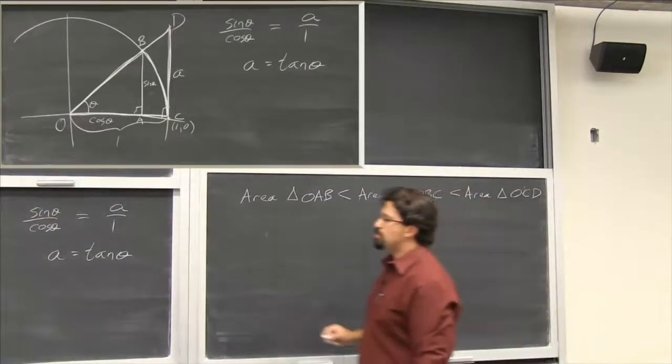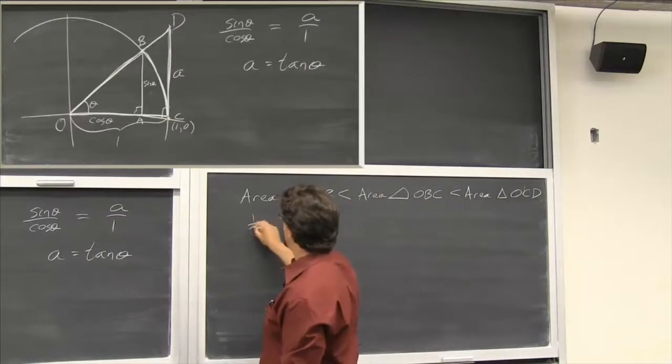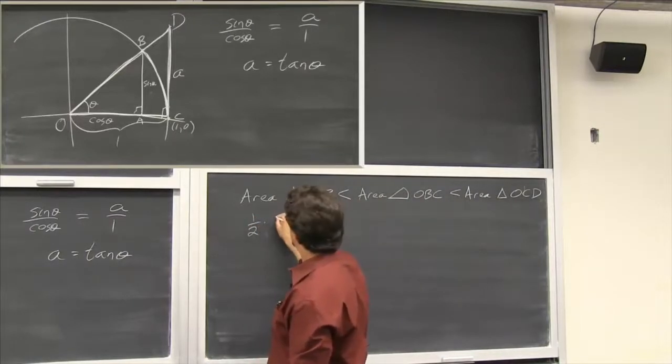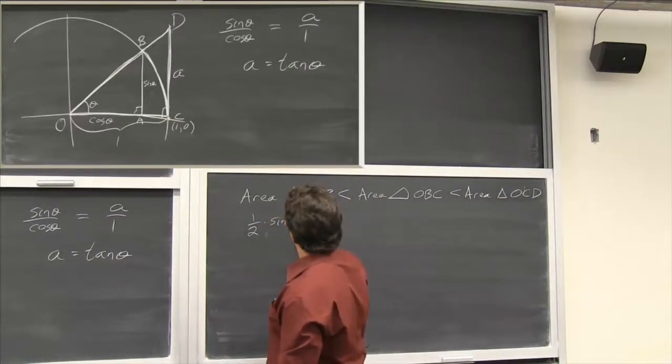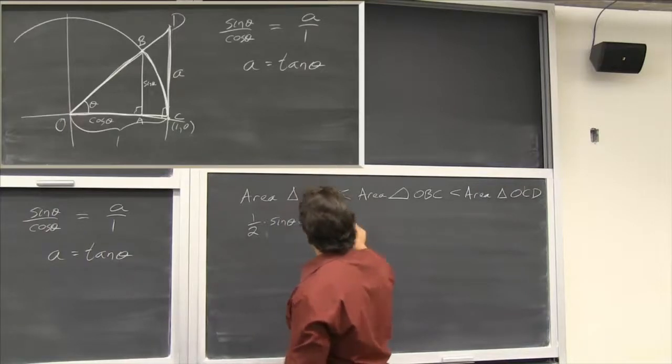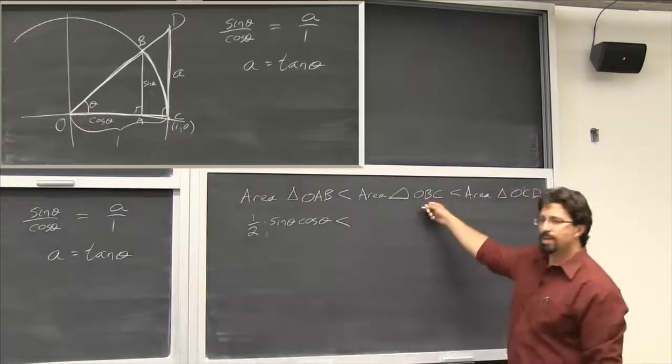The area of the first triangle, half the base times the height, half sine of theta, cos of theta, is less than the area of a sector.